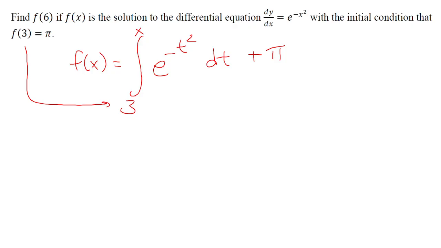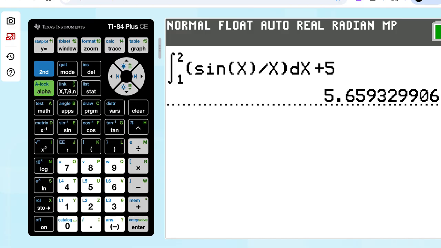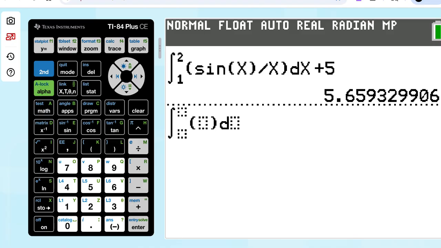So we're looking for f of 6, so f of 6 should just be the integral from 3 to 6 of e to the negative x squared dx plus pi. If you still write it as t squared dt, that's fine. And we'll just use our calculator to evaluate this integral, and then add pi to it. So we've got math, and once again, just like the last one, we go down to option number 9.